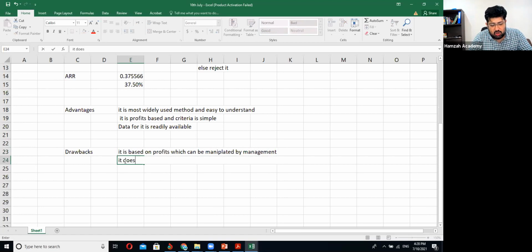It does not consider time value of money. You see here, it is considering each year's profit as having the same value. Today's 50 rupees and tomorrow's 50 rupees are equal. It does not consider time value of money.